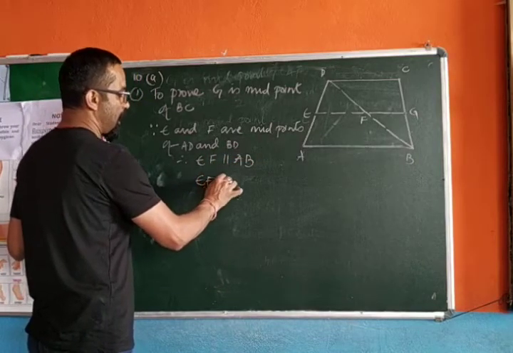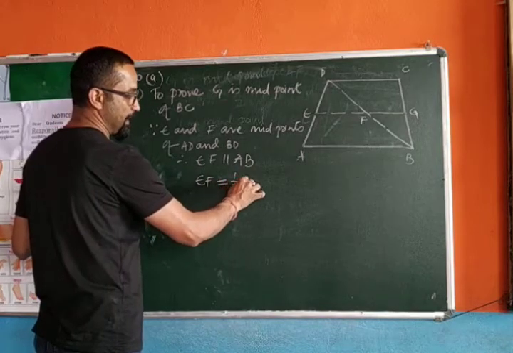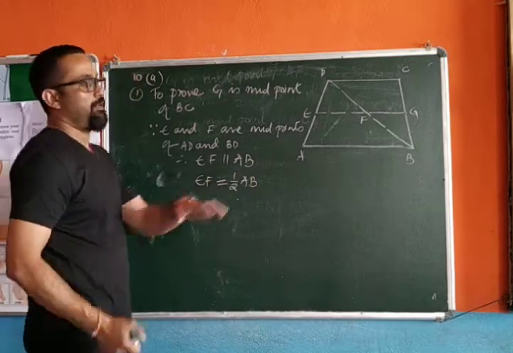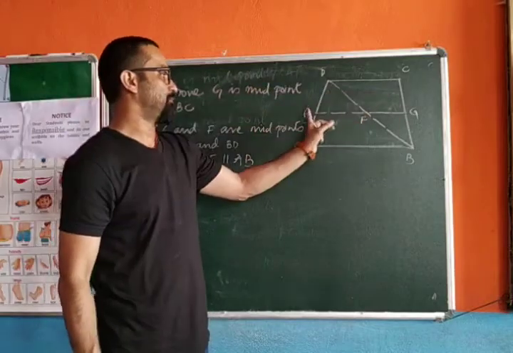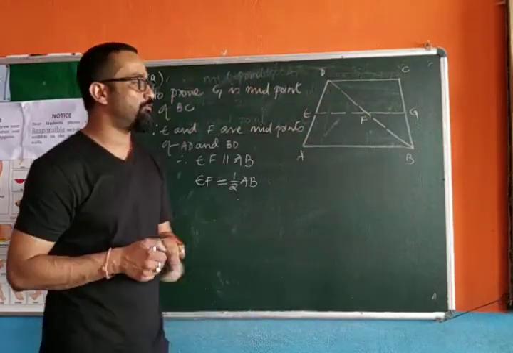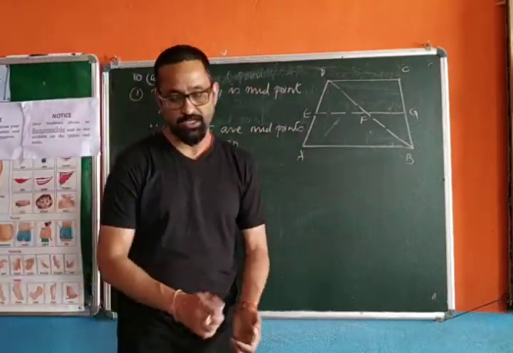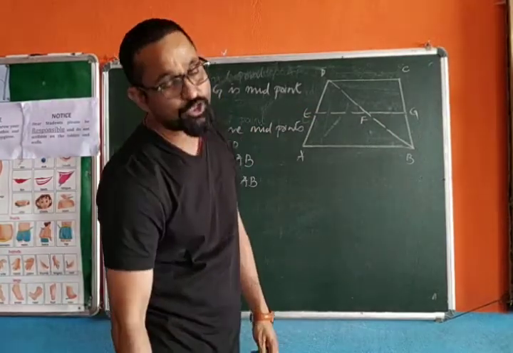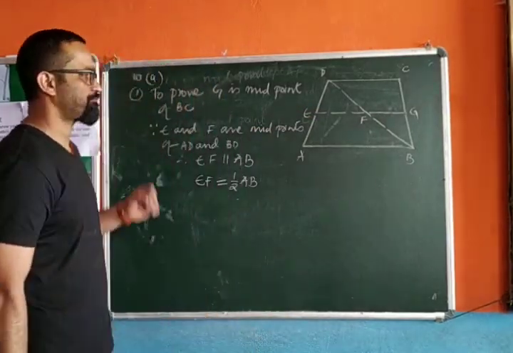EF is equal to half of AB. By midpoint theorem, the line joining the midpoints of any two sides of the triangle is equal to half and parallel to the third side.